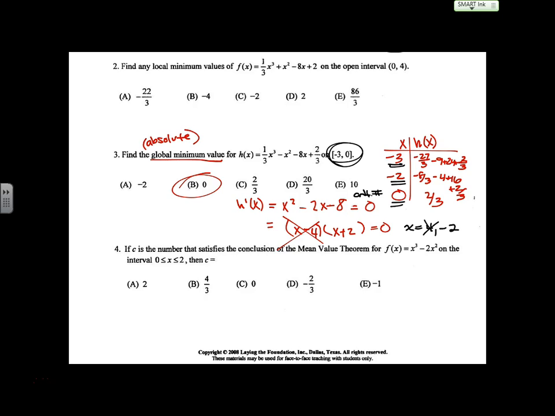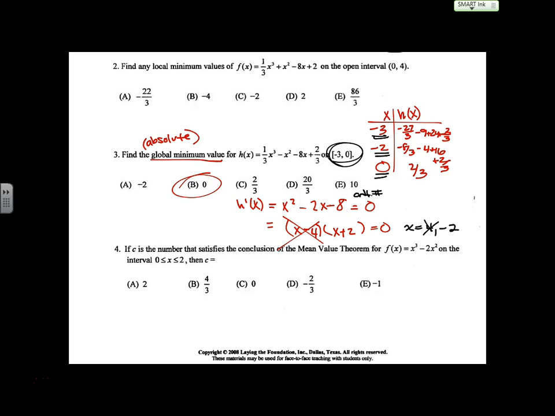Question? Yeah. For this one, it says find the global minimum value, but for 2 it says the minimum values as well. For 2 you had to plug in and solve for y, and for 3 you just wanted the x. How would you distinguish between those? Oh, I answered it wrong yesterday. I was doing it too fast because we were trying to bust through more. Hold on, double checking real fast.